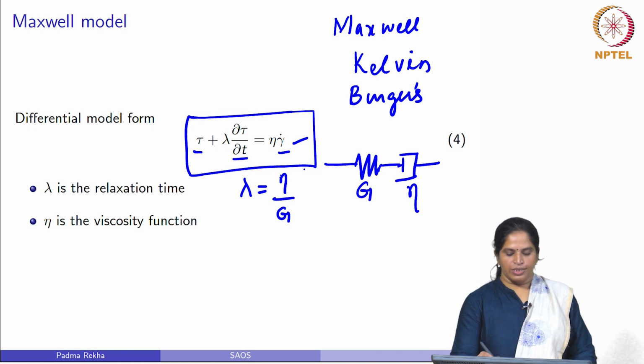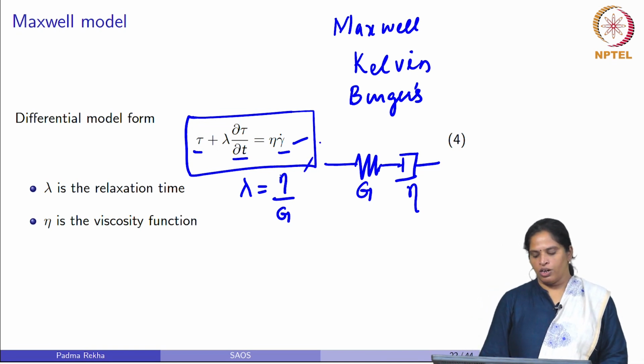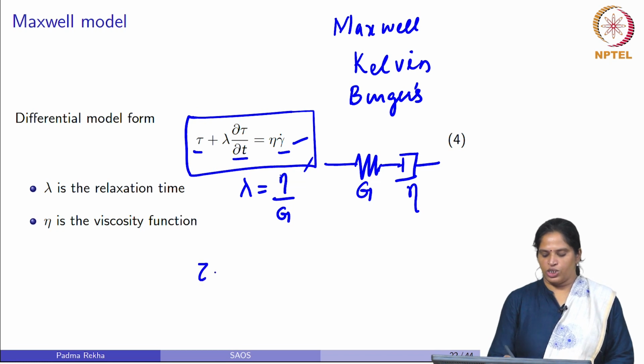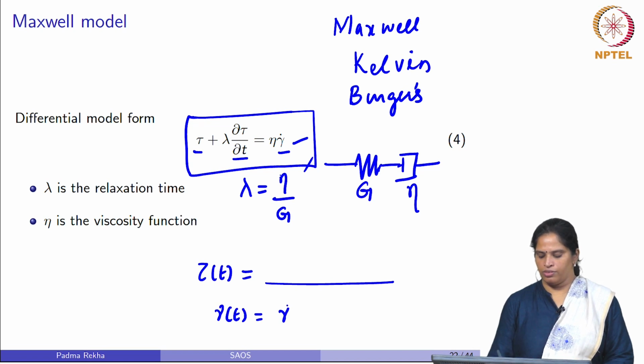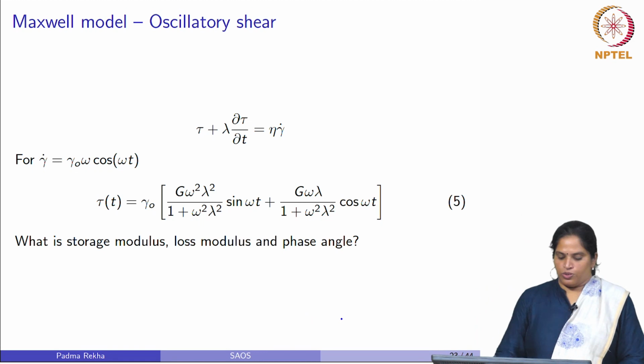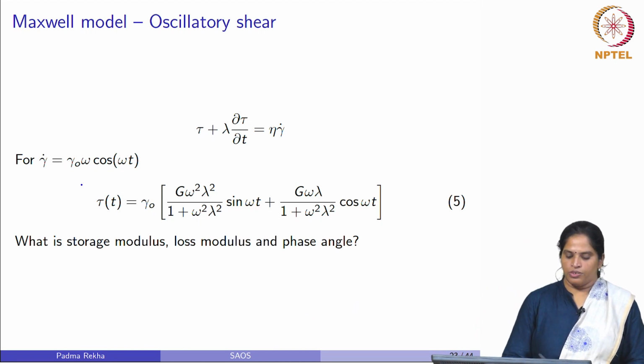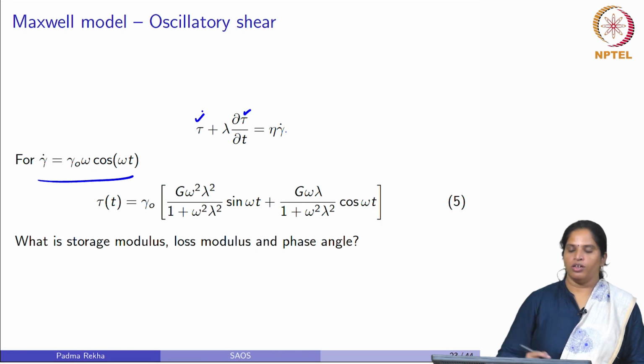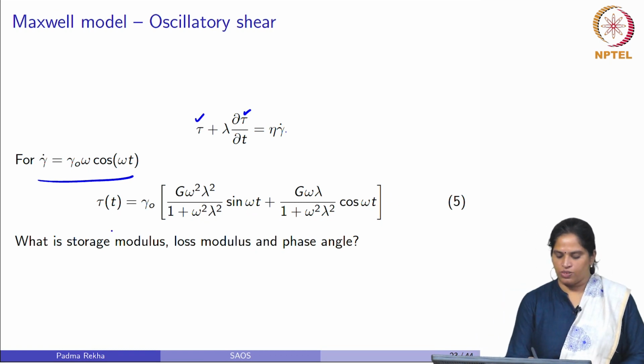So, let us use this constitutive relation to solve for the tau of t expression for a controlled strain input of gamma equal to gamma naught sin omega t. If you substitute the strain function in this constitutive relation and solve for tau, you will get the relation of tau in this form.